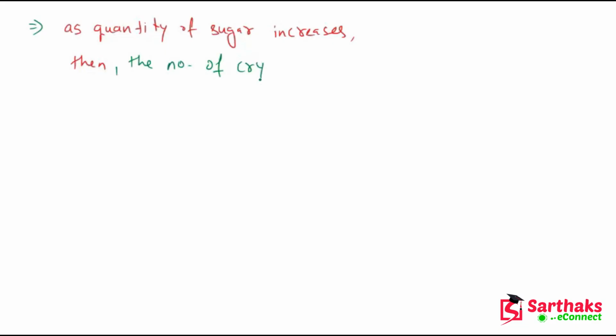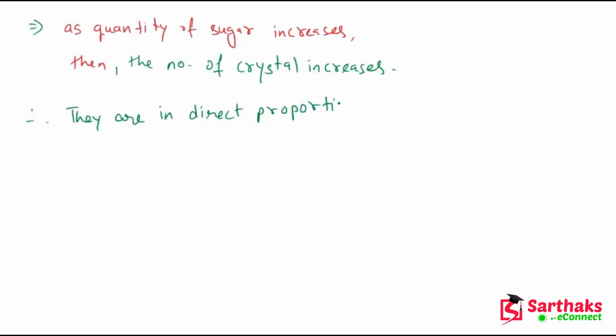So here we can write: as quantity of sugar increases, the number of crystals increases. Okay, my dear friend, I hope you understand these things. So now we can say that they are in direct proportion.